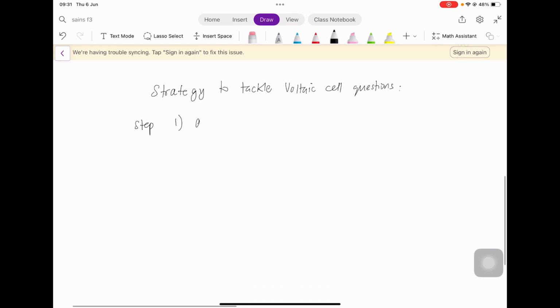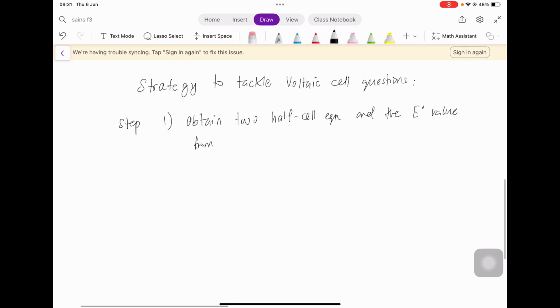Alright, so first thing first, step lah, I break down to step, okay. So first you need to obtain your half equation. Two half equations, half cells equation, and the E naught value from the SEP table. Okay, so standard electrode potential table ni perlu dapat dekat textbook.